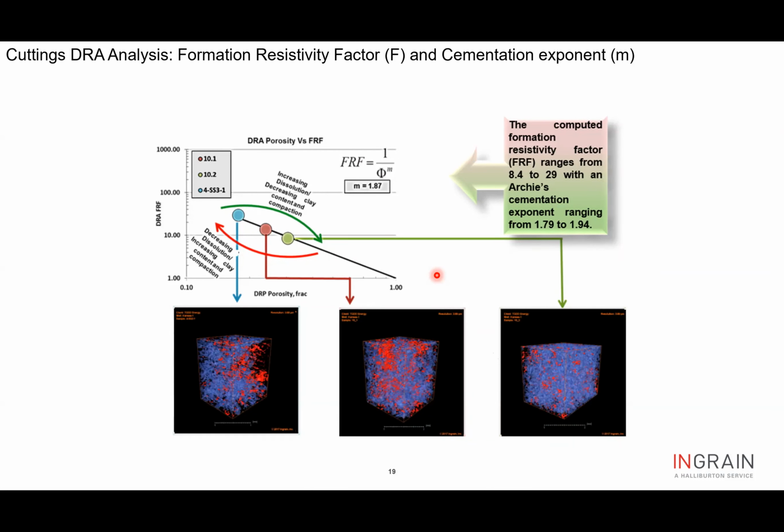Most of the time people go with some common numbers that are known for a rock, or it can be measured through conventional core analysis as well, but it takes quite a significant amount of time. But this information, the cementation exponent, the saturation exponent, or the formation resistivity factors, is actually doable from the resistivity, from the digital rock analysis as well.